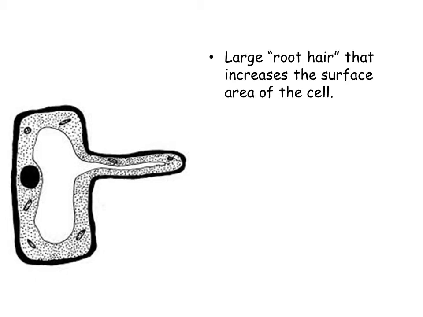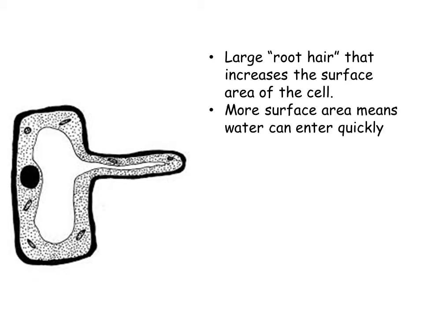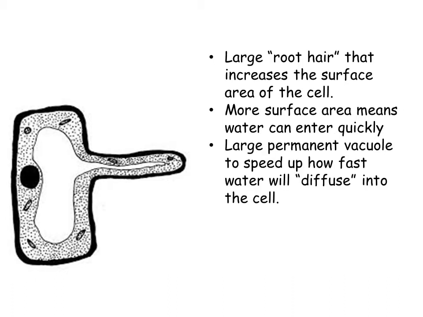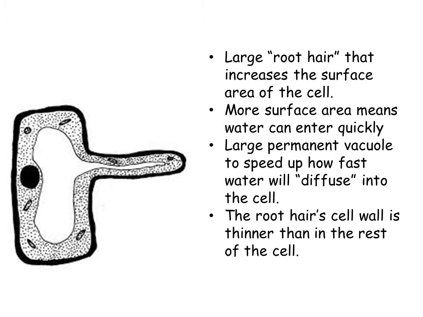This large root hair increases the surface area available to the cell across which water can diffuse, and this more surface area means that diffusion will happen quickly. It's also got a large permanent vacuole inside it. This will speed up the rate at which water will diffuse into the cell. And also, if you notice, around the root hair part of the cell wall is quite thin. This reduces the diffusion distance, again accelerating the rate of diffusion.